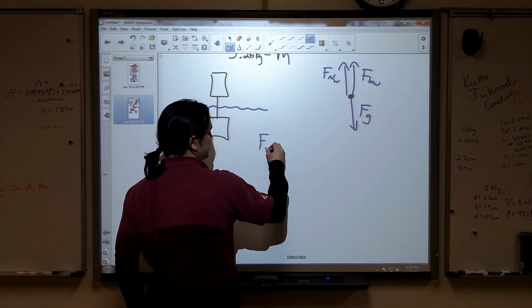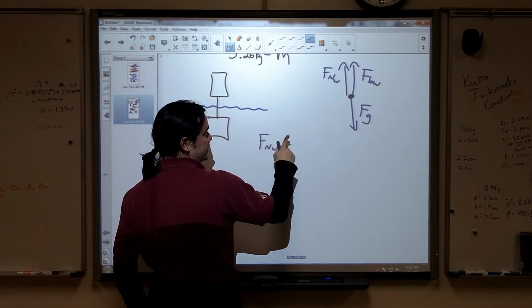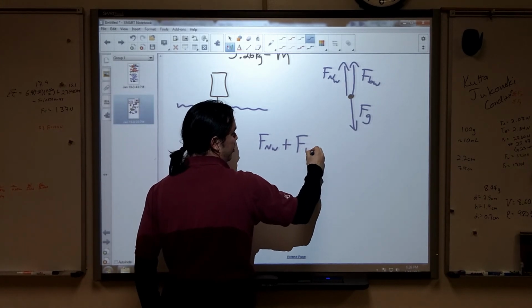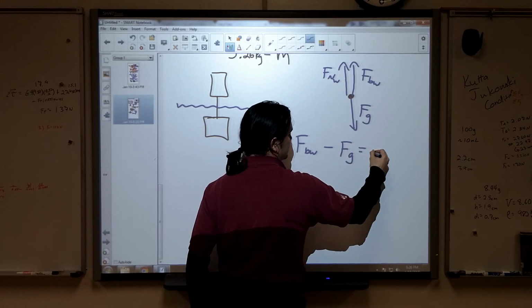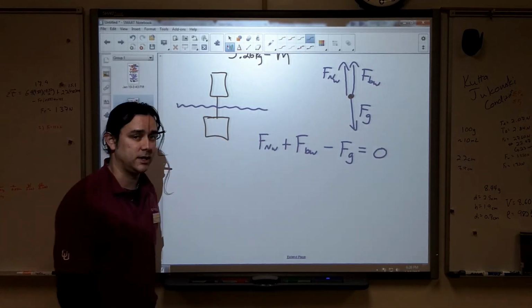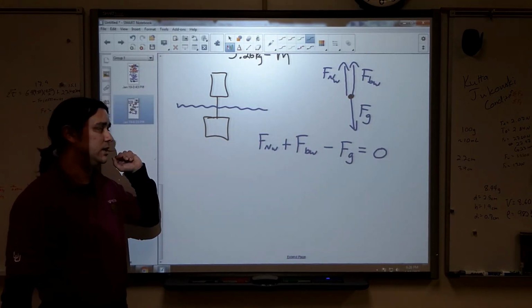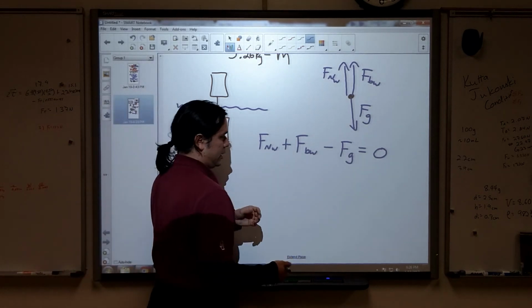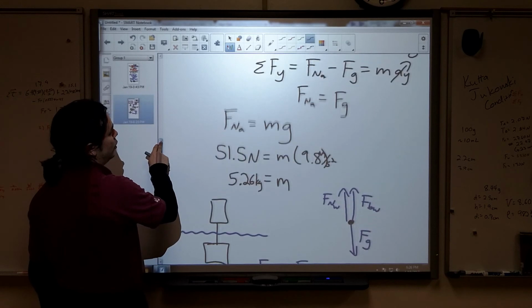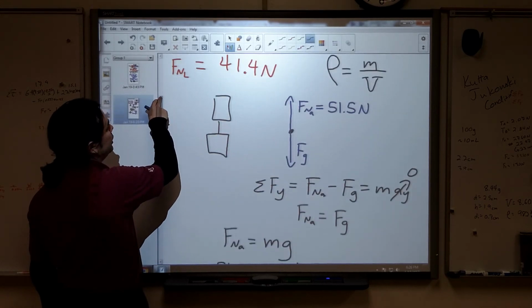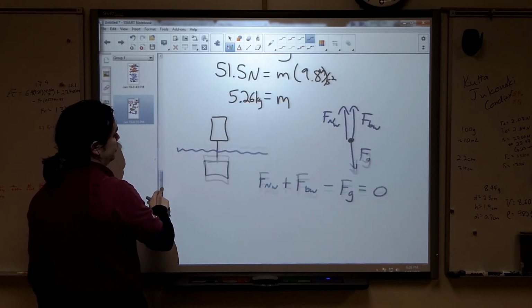I'm going to have my normal force from water plus my buoyant force from the water, both of these are positive because they're up, minus the force of gravity, and that's going to be equal to 0, my mass times my acceleration in the y. Once again, the mass is just going to be sitting there. Well, we know from the information that we've been given, the normal force in water is 36.3.